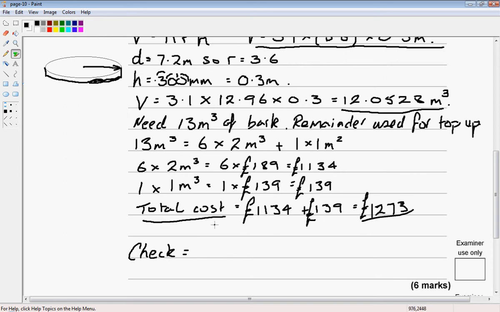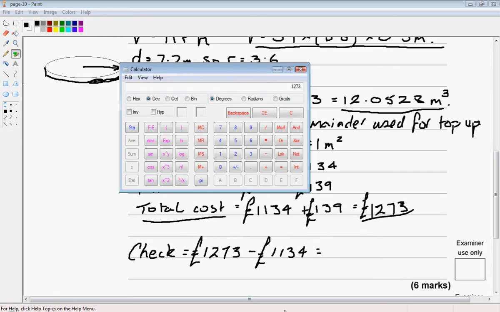Now I would go, say, with the total cost. So the total cost, now remember it's the inverse. So if I take £1,273 and take away £1,134, this should give me £139, which is the cost of one bag.